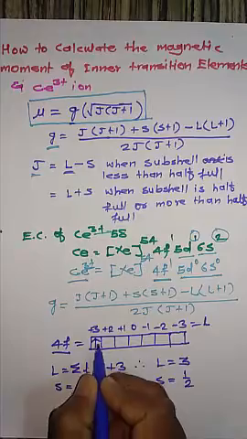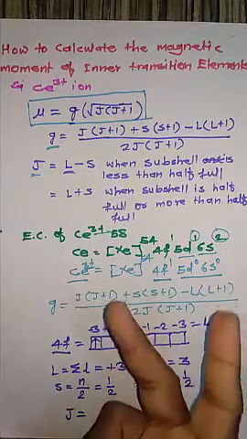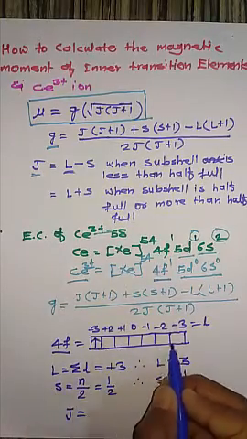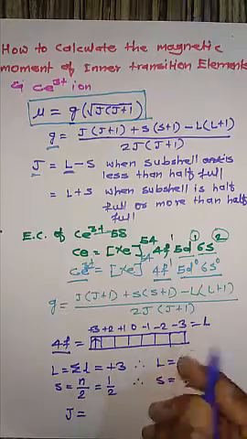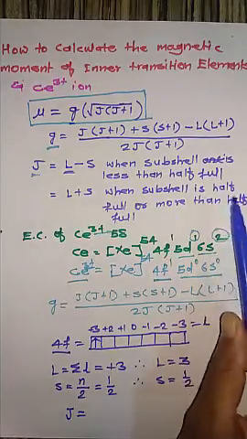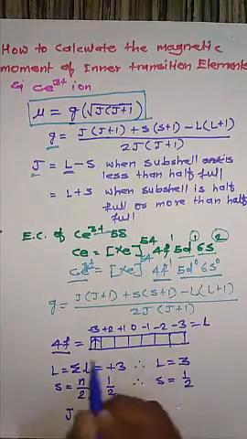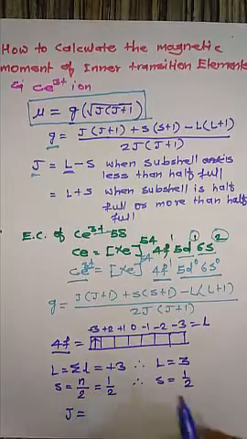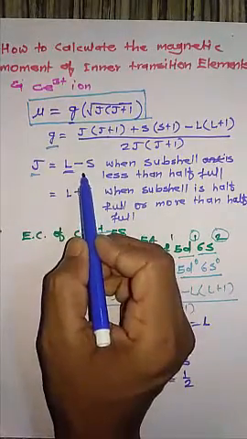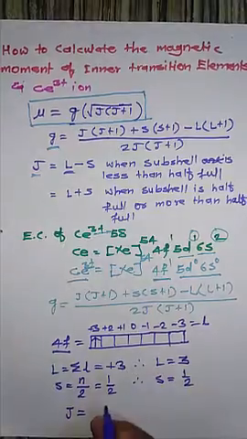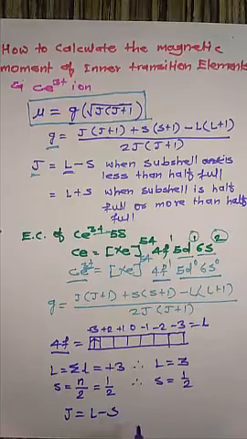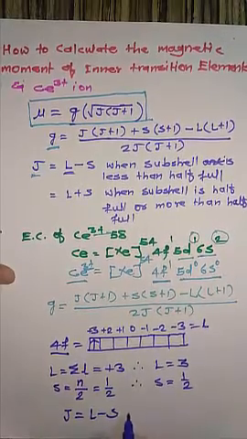Half full means each orbital has the capacity of 2 electrons, but here it has only 1 electron. When we fill one electron in each of these 7 orbitals, then it becomes half full, right? So it is less than half filled now, as it has only 1 electron. Hence, which value are we going to take? We have to take L minus S, not L plus S. So what is the value of L?